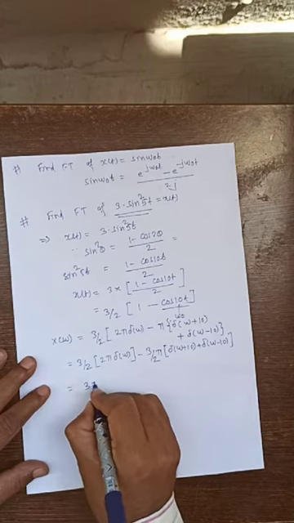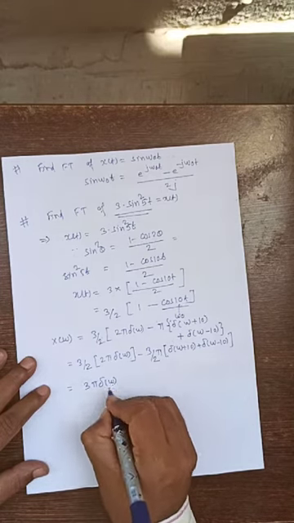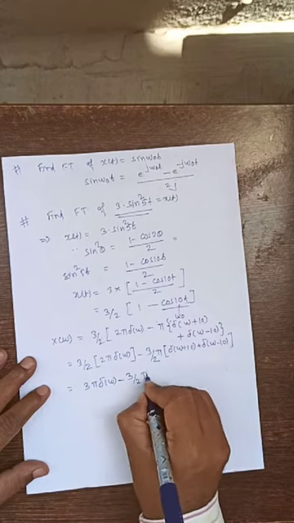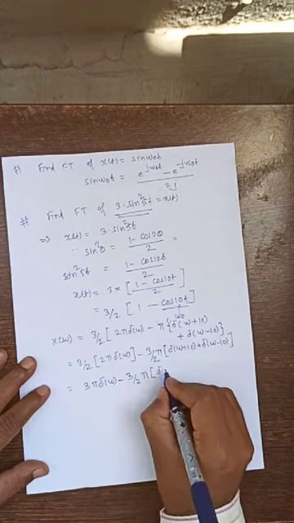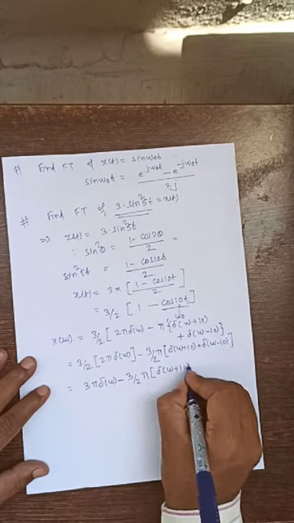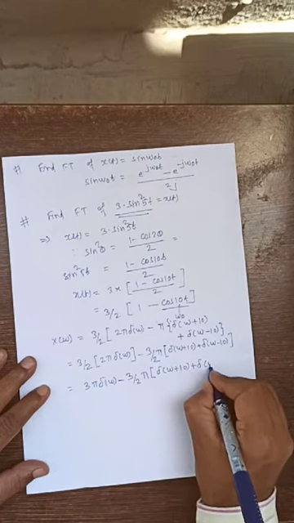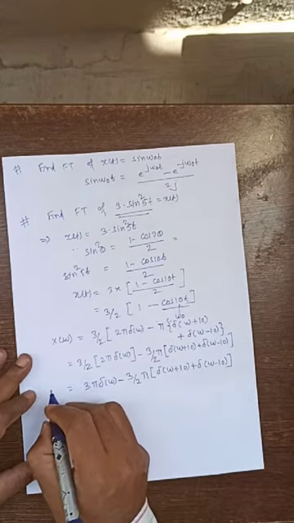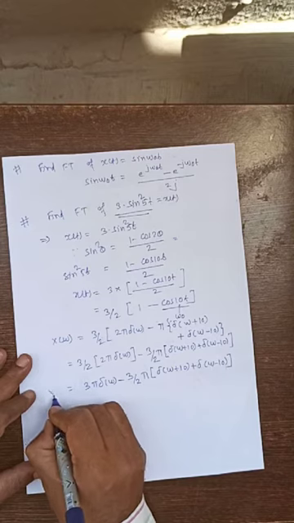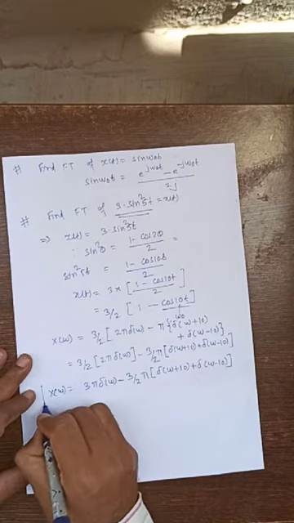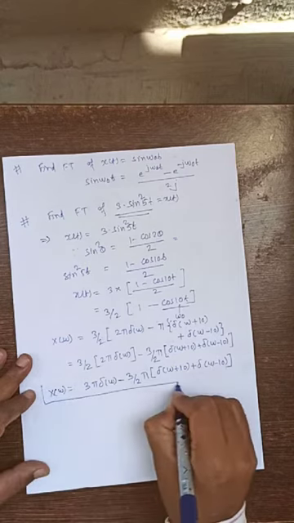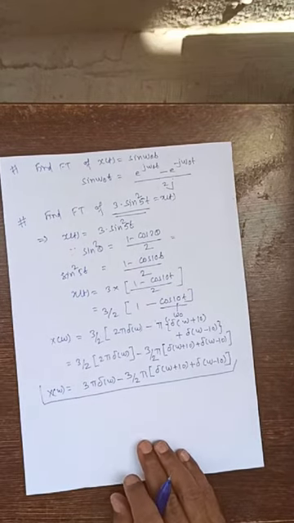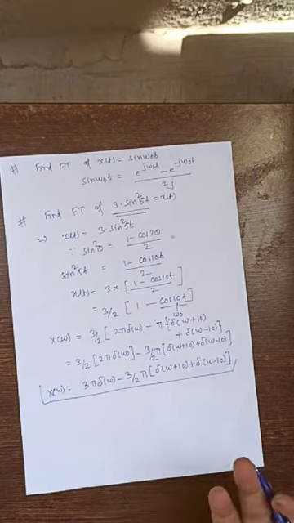So 3 pi delta omega minus 3 by 2 into pi, and you can keep this term as it is, delta omega plus 10 plus delta omega minus 10. So this is the Fourier transform of 3 into sin square pi t. This is how to obtain the Fourier transform of different signals.